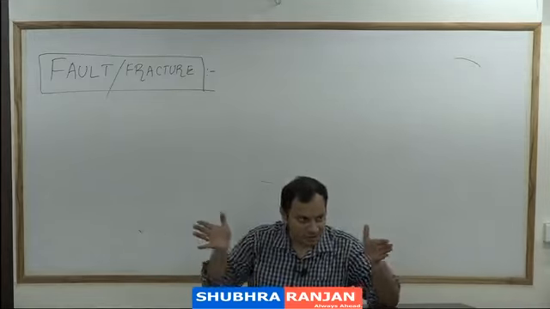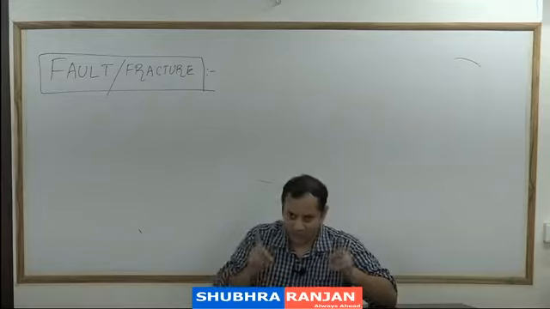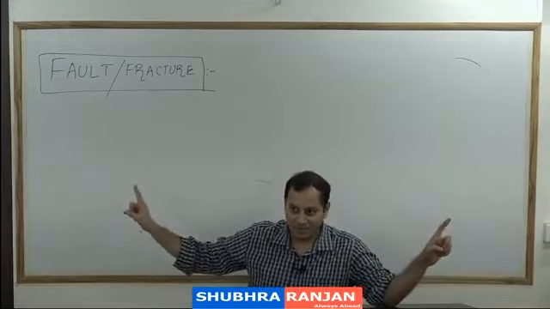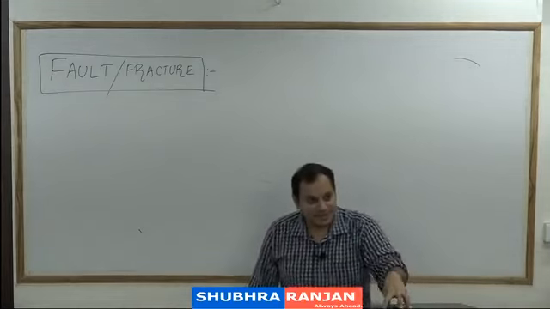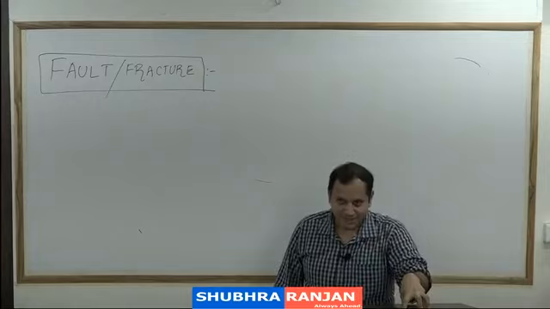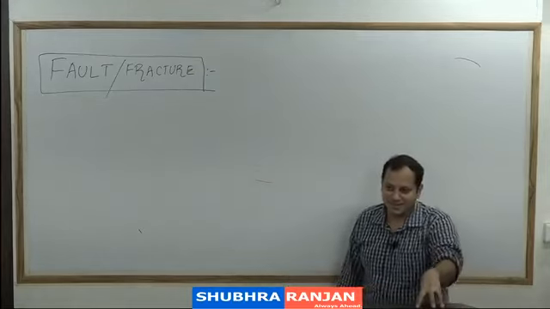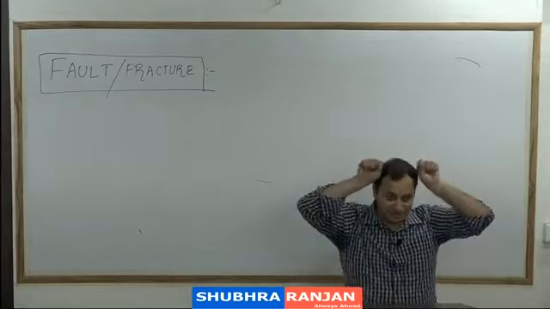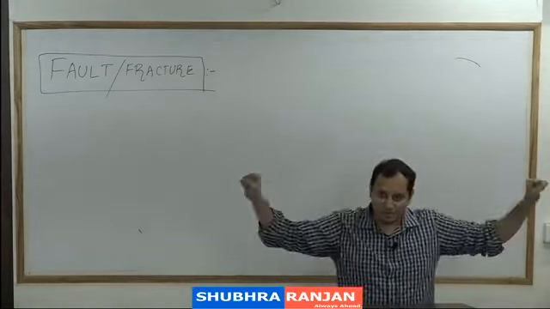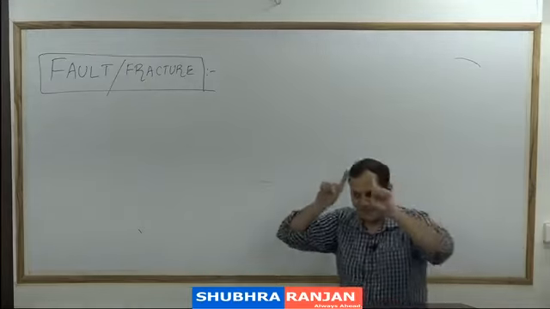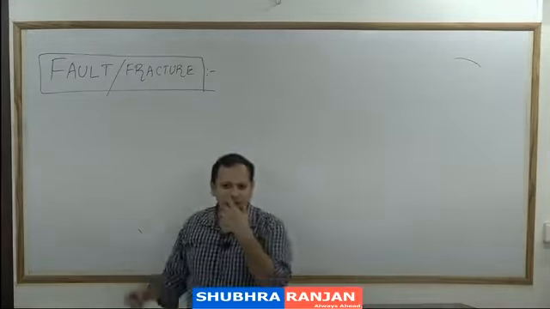Folding is generally caused due to the compressional force. Tension is always in the opposite direction. See, you use this even in your daily life. You say, my head is bursting because of tension. You never say my head is bursting because of compression. You say tension because it means pulling apart. So tension means pulling apart in the opposite direction. When the forces are pulling apart, where is it happening?